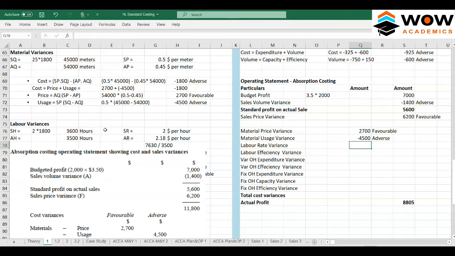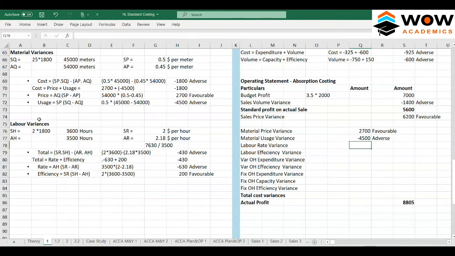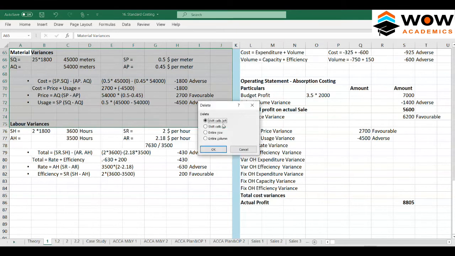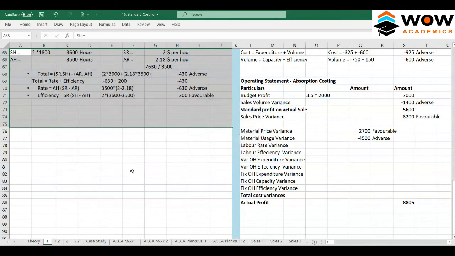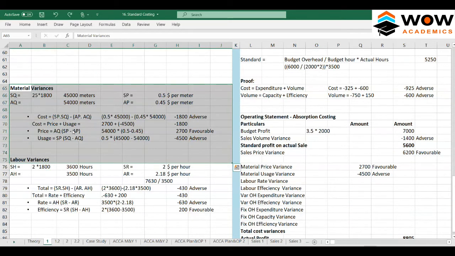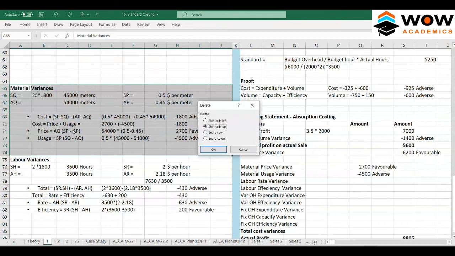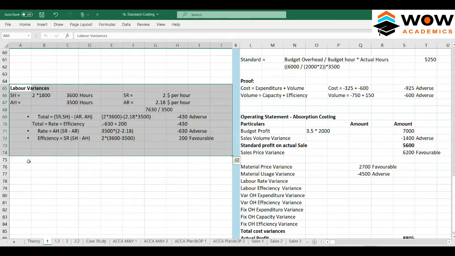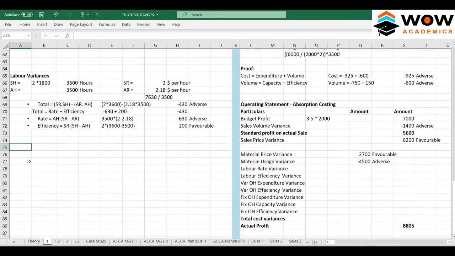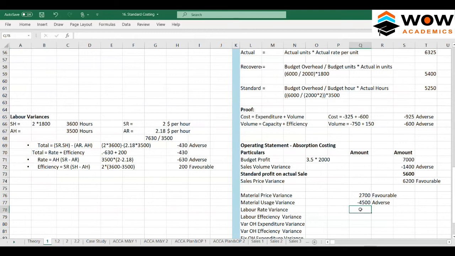Next one is labor variance. So labor rate variance is how much?